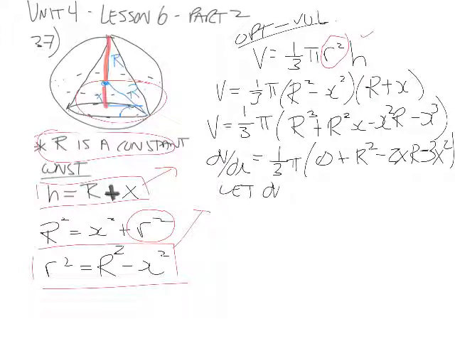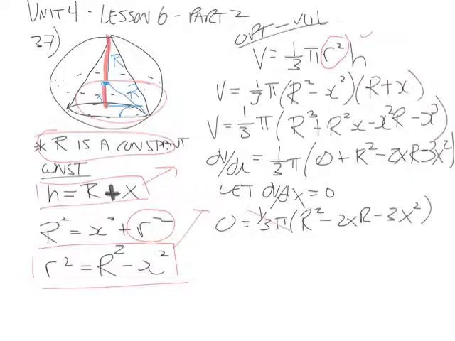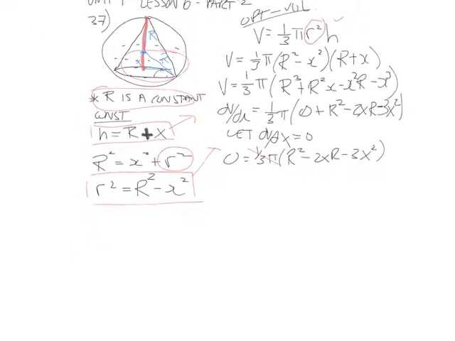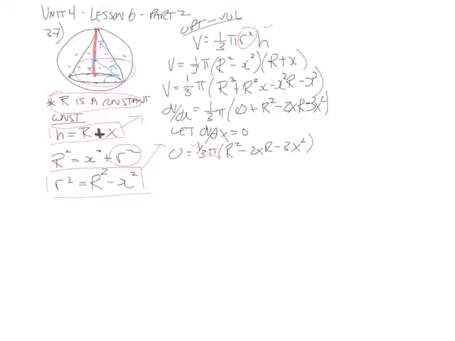If I let the derivative of volume with respect to x equal 0, then 0 equals 1/3 pi times R squared minus 2xR minus 3x squared. The 1/3 pi will disappear as I divide both sides by it.